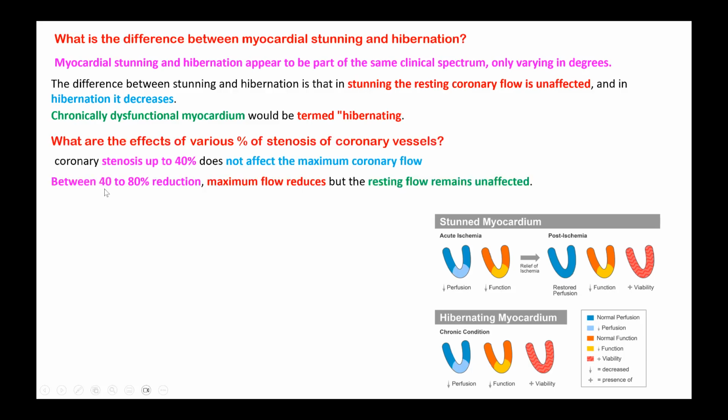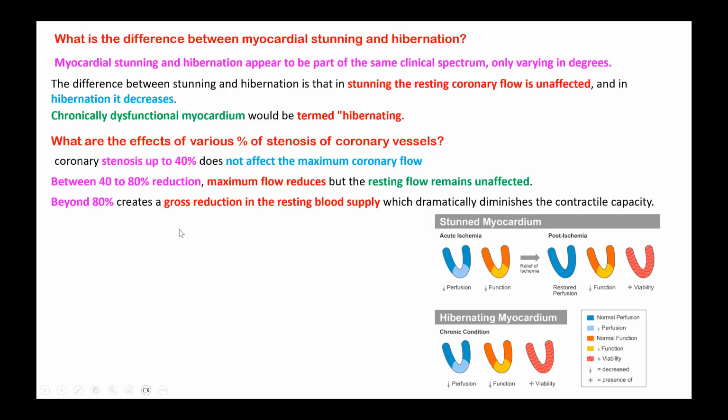On the contrary, when the stenosis is between 40 to 80%, maximum flow will reduce, but resting flow is still unaffected. But beyond 80%, there will be a gross reduction in both resting blood flow and maximum blood flow required during exercise. So these are the three important things.